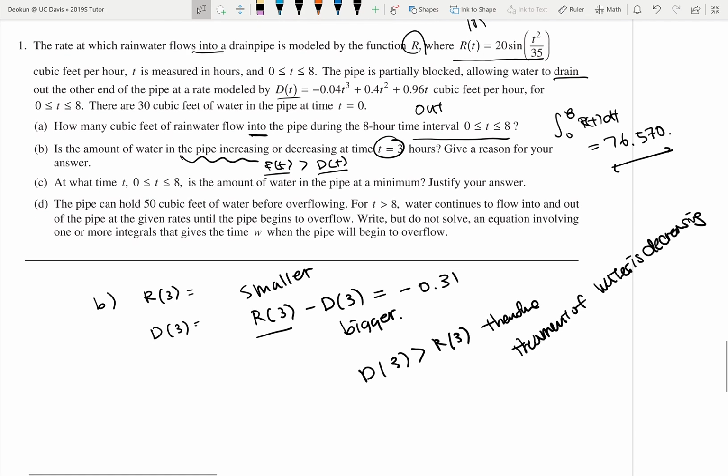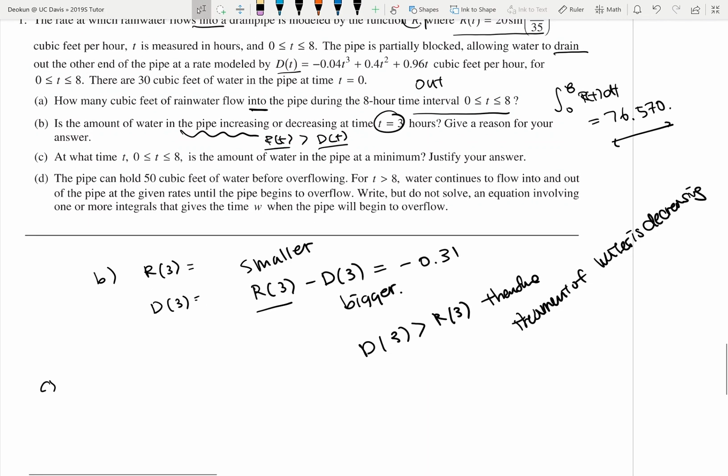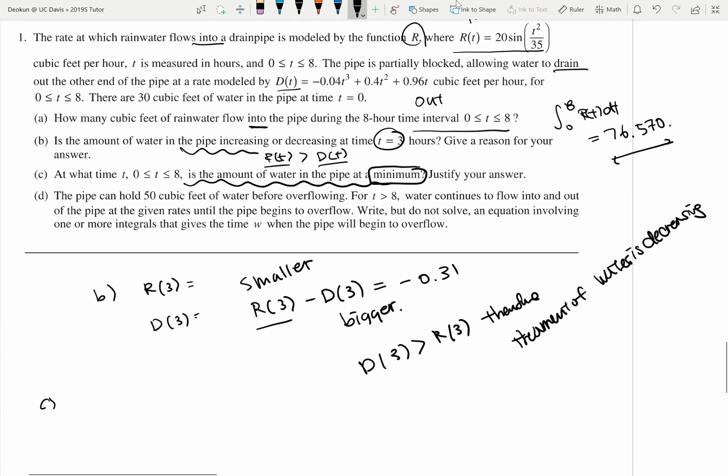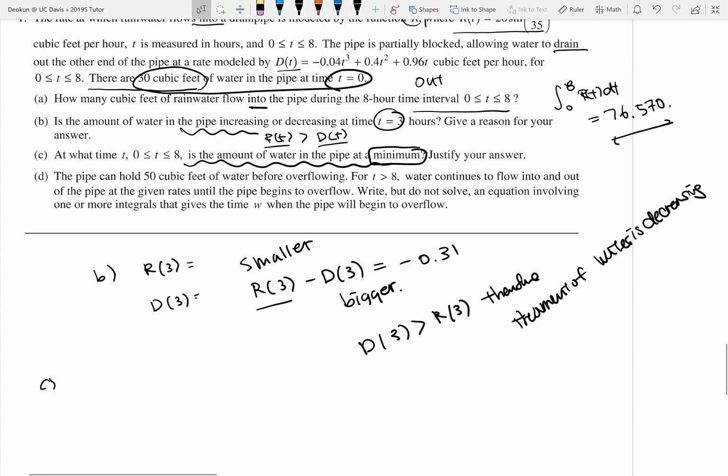Letter C. At what time t, 0 to 8, is the amount of water in the pipe minimum? Okay, you're looking for the minimum value. It says there originally were 30 cubic feet of water at t equal to 0, but that's not really important at this point. We're looking for when it is the minimum.